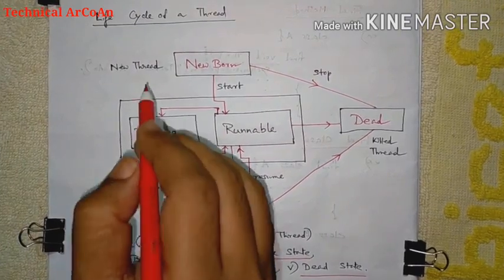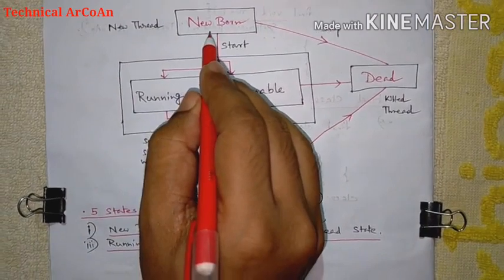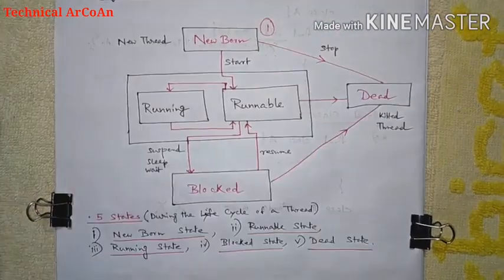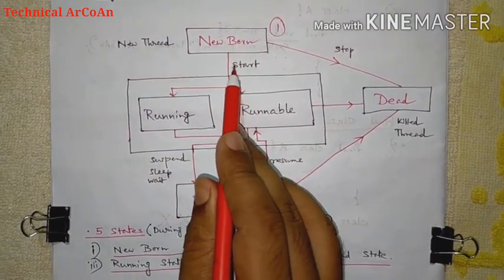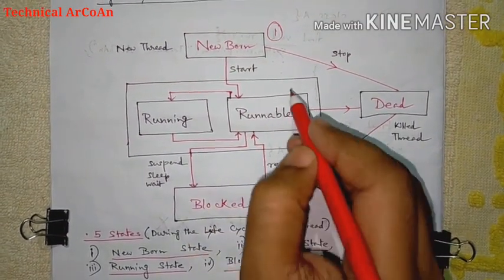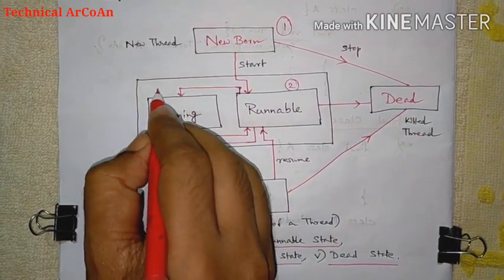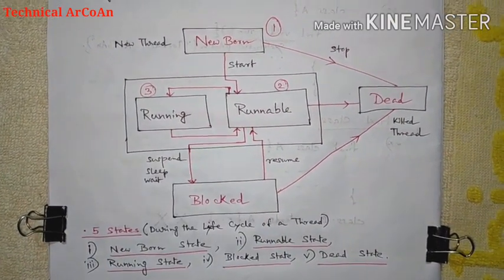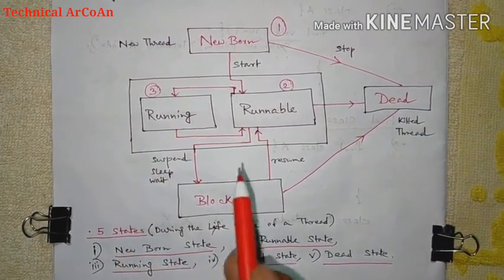Now when a new thread is created, it goes into the newborn state. So this is state number 1, where it starts. When it starts, it goes to the runnable state, and after that it transfers into the running state, and in that way it rotates until it stops.